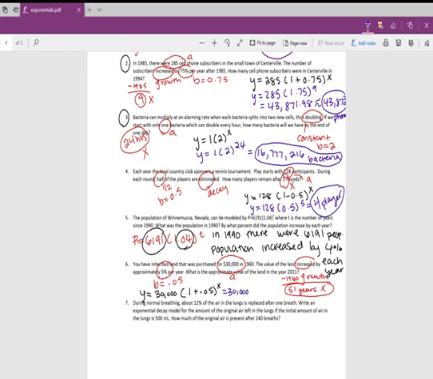So 30,000 times 1.05 to the power of 51. And let's see how much this land is going to be worth.